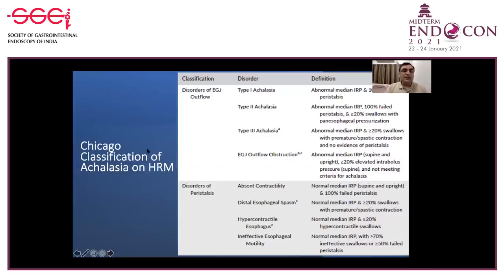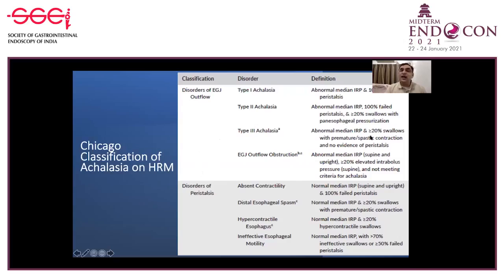This is the latest Chicago classification, the 4th edition, and they have classified dysphagia into disorders of EGJ outflow obstruction or disorders of peristalsis. Type 1, as we all know, has abnormal IRP and 100% failed peristalsis. Type 2 has abnormal median IRP, failed peristalsis, and more than 20% of swallows showing pan-esophageal pressurization.